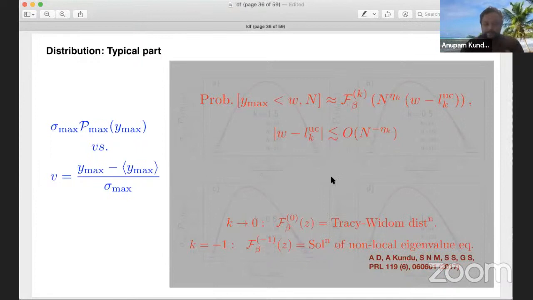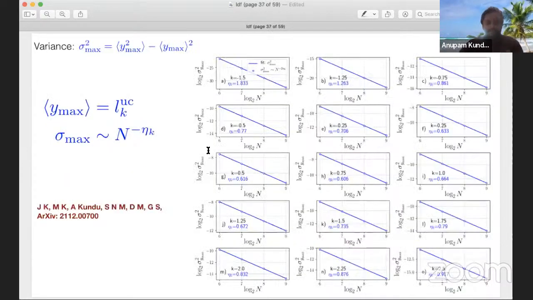Okay, so this already says that the Tessier distribution is not universal against the change of the nature of the interaction. Now let me tell you how this sigma max scales with n. I already told you that it should scale as n to the minus eta k, and let me give you a proof. We computed this sigma y max numerically as a function of n for different values of k, and plotted them on log scale, and all of them fit very well with a straight line.